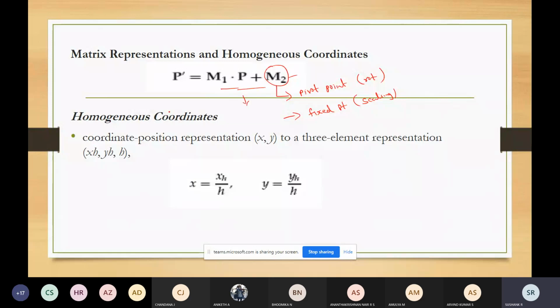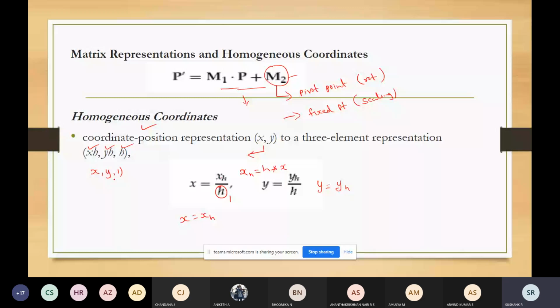If you represent the above equation in homogeneous coordinates, you are representing x comma y with a three element representation, xh, yh, h. So x is defined as xh by h. If you take the value of h as 1, x becomes xh and y becomes yh, and since xh is equal to h into x, the equation is converted to x comma y comma 1.